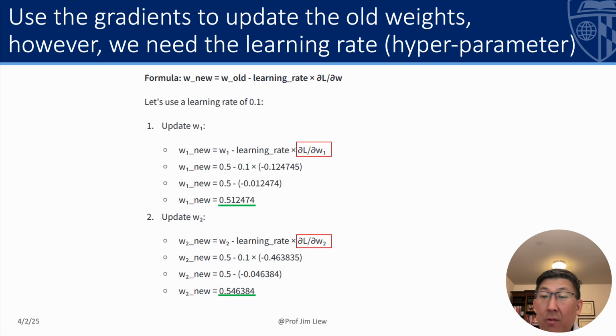Here we set the learning rate, which is a hyperparameter, at 0.1, and the learning rate is multiplied by the gradient. For updating W1, we use the gradient for W1. For updating W2, we use the gradient for W2, and these are the new weights. So instead of W1 being 0.5 and W2 being 0.5, now they're adjusted a little bit higher, okay?